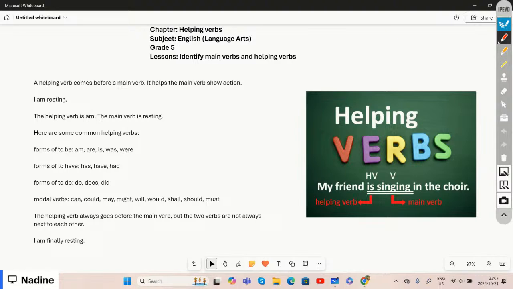But now, when it comes to a helping verb, it comes before the main verb. Remember, we said the main verb is the action that someone or something is doing. And the helping verb comes before the main verb.